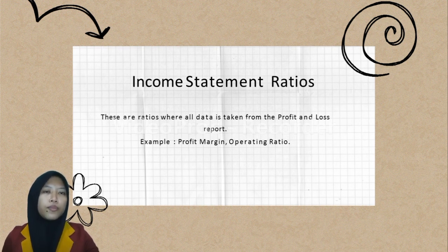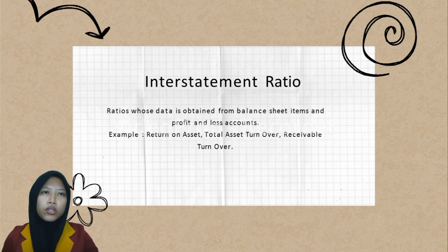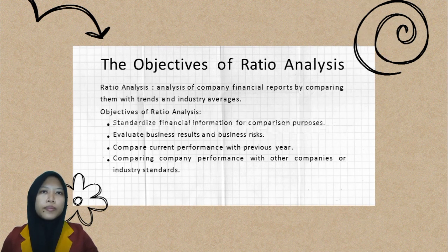Example, profit margin and operating ratio. Interstatement ratio. Ratios where data is obtained from balance sheet items and profit and loss accounts. Example, return on asset, total asset turnover, receivable turnover.